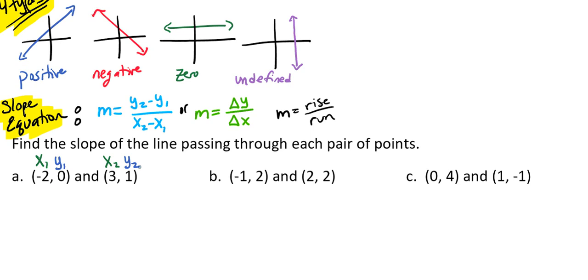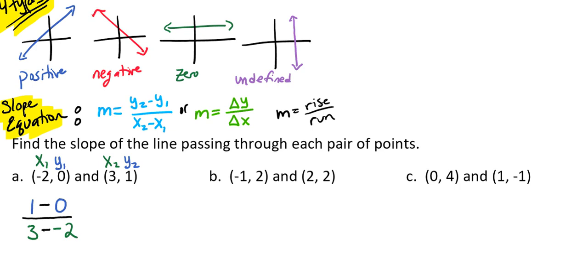So we're going to go ahead and plug this in. We're going to take our y2, which is 1, and subtract our y1, which is 0, and then divide that by our x2, which is 3, subtracting our x1, which is -2.